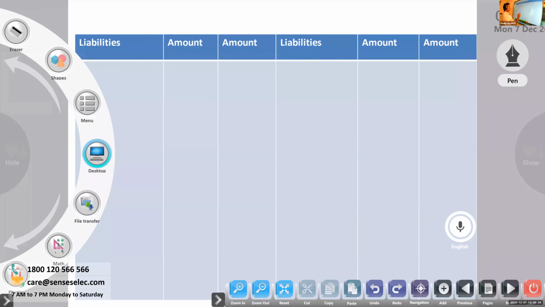Capital, balance figure. Okay. So difference amount 25,000. It is a deficit only. The word we can tell deficit, otherwise you can write capital. No problem. Deficit or capital. Excess of liabilities over assets, that is deficit.